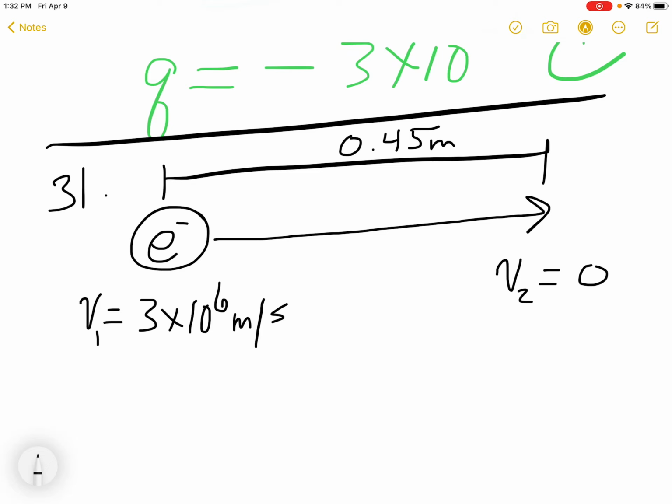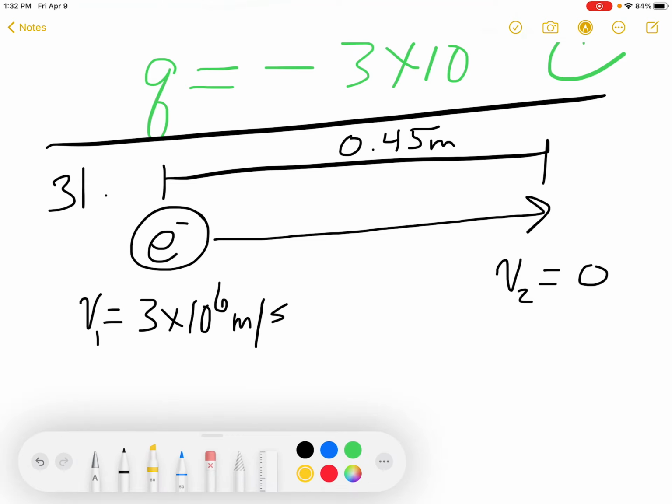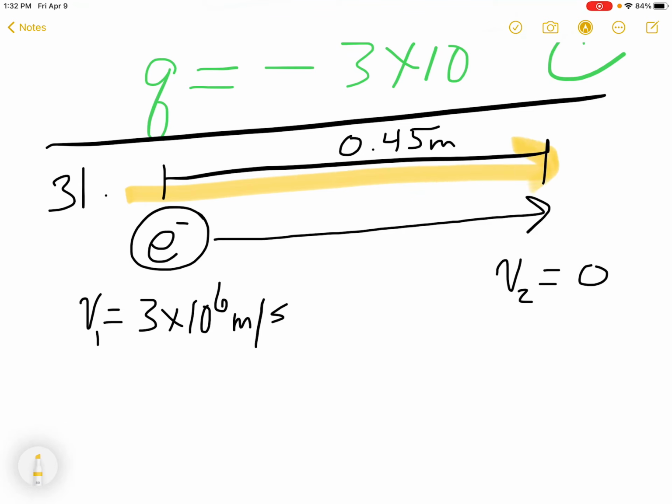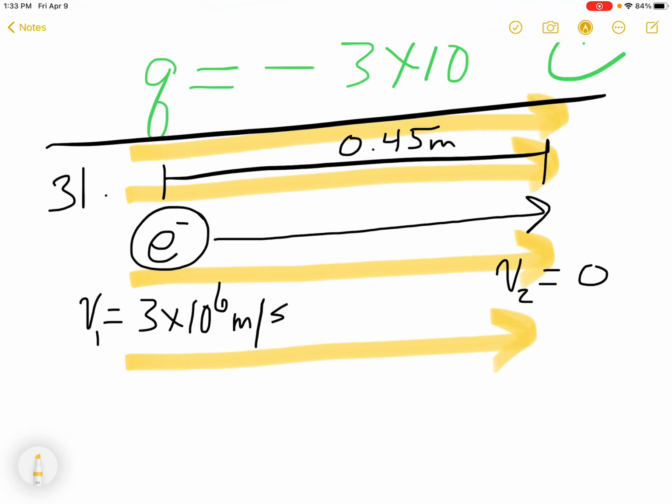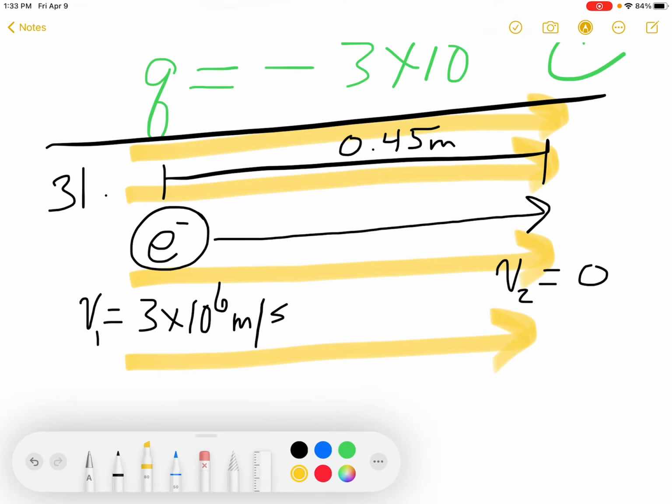When the electrons accelerate, they speed up against the field because they're negative charge. So in this case, if an electron is slowing down, the field must be going in the same direction. So our field is across like this. That's our electric field.